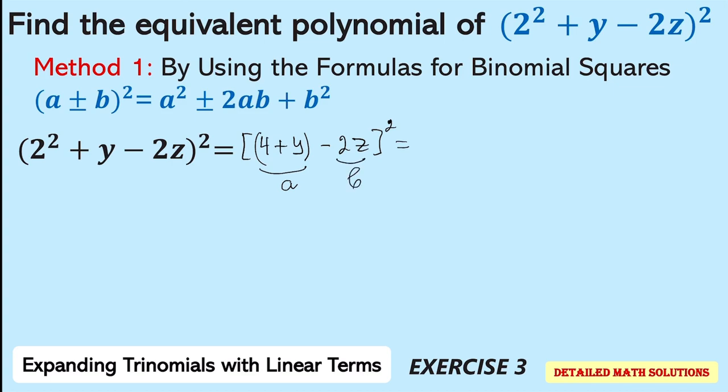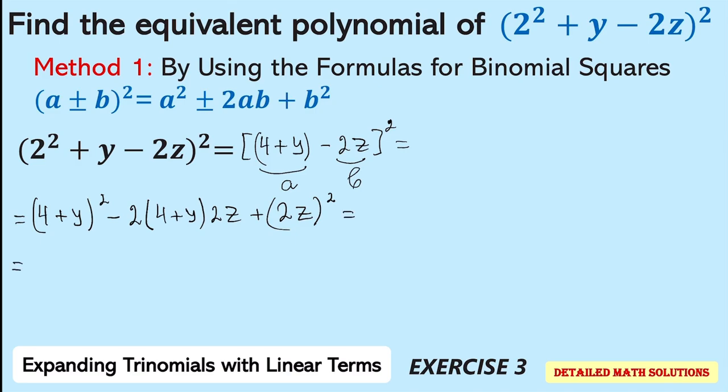And when I apply the formula for binomial square (a − b) squared, this equals (4 + y) squared minus 2 times (4 + y) multiplied by 2z plus (2z) squared.